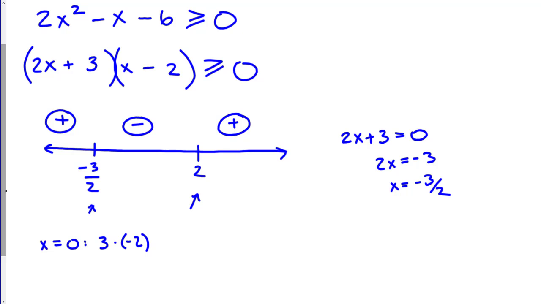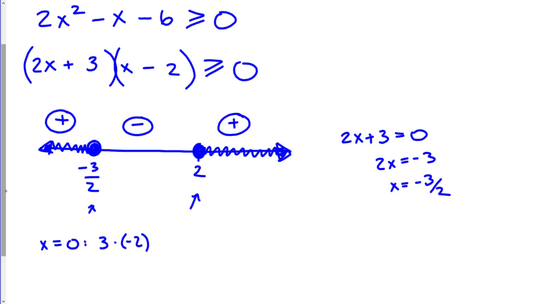So we're looking for where this polynomial is greater than or equal to 0. So that's going to be where it's positive. Since it's greater than or equal to, I would use solid circles. And it's positive on this interval, and it's positive on this interval.